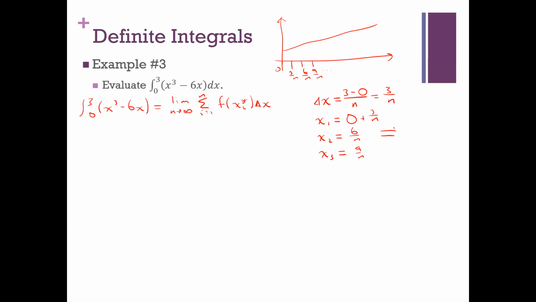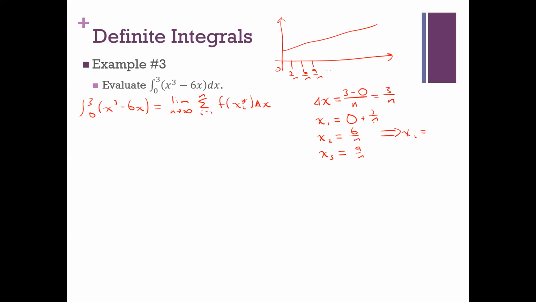Can I unite these and generalize them under x sub I? What is I equal to for the first one? What's I equal to for the second one? And then I is equal to 3, right?